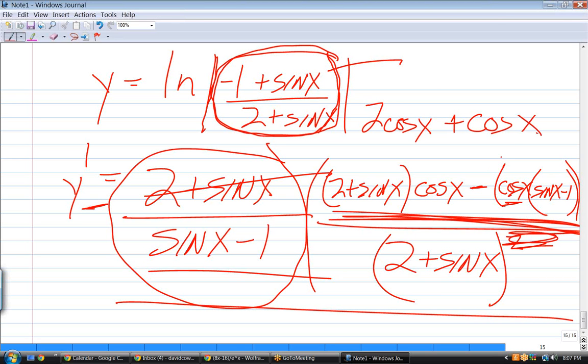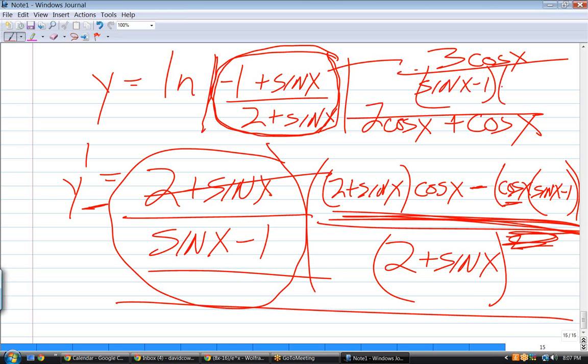Well, that's 3 cosine x's. So that's 3 cosine x in the numerator, and the denominator is sine x minus 1 times 2 plus sine x. And then there's a negative sign in front of that whole thing.